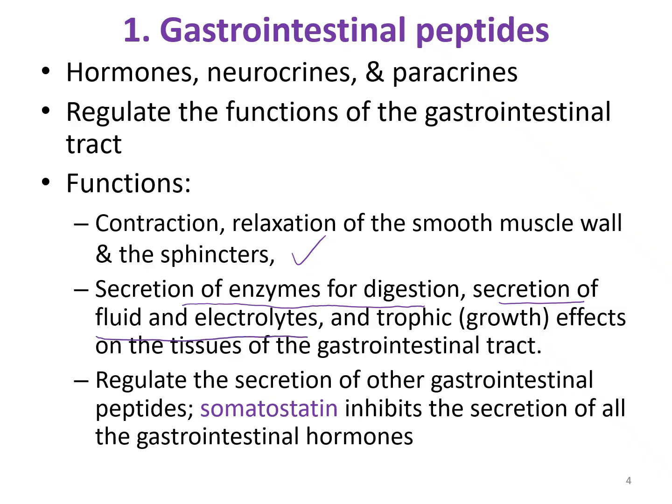The fluids and electrolytes we covered in another video, water and electrolytes, which you can watch. These hormones are also important for the growth or trophic effects of the tissues of the gastrointestinal tract, and for regulating the secretion of other gastrointestinal peptides, for example somatostatin, which inhibits all the secretions of the gastrointestinal hormones.